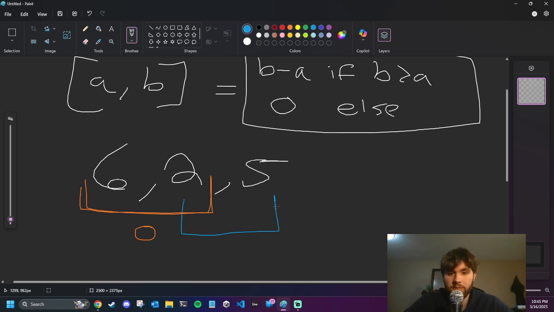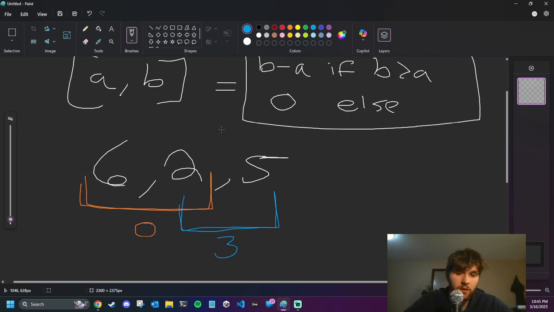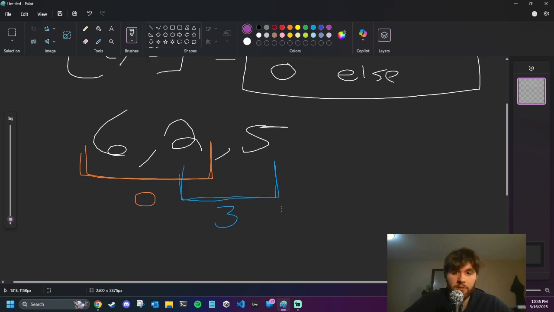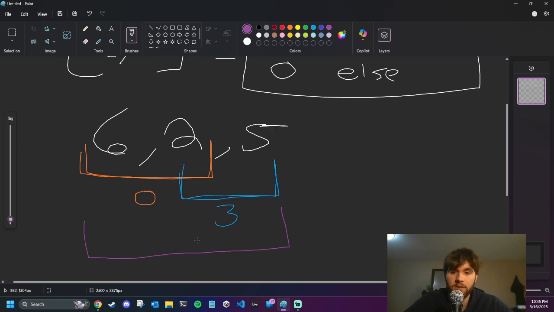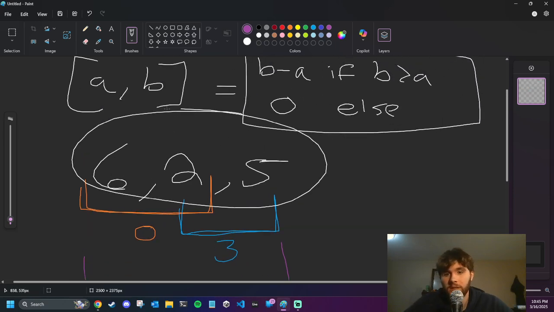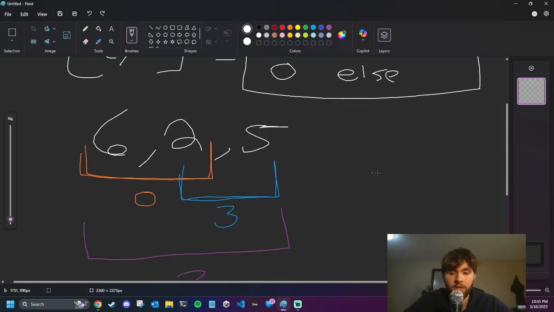Here, this profit is B minus A, so it would be 3. So we would say that the profit of this whole system now is 3. The maximum that we can make in this is 3. So I think that would work with any combination of 3 numbers.